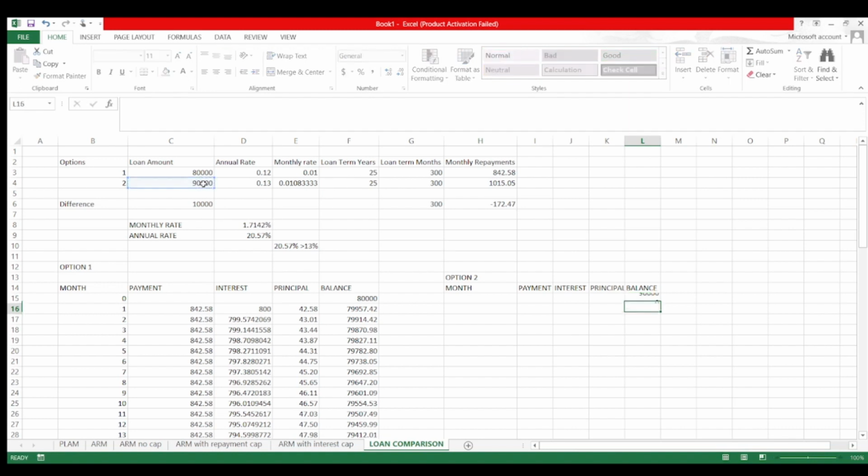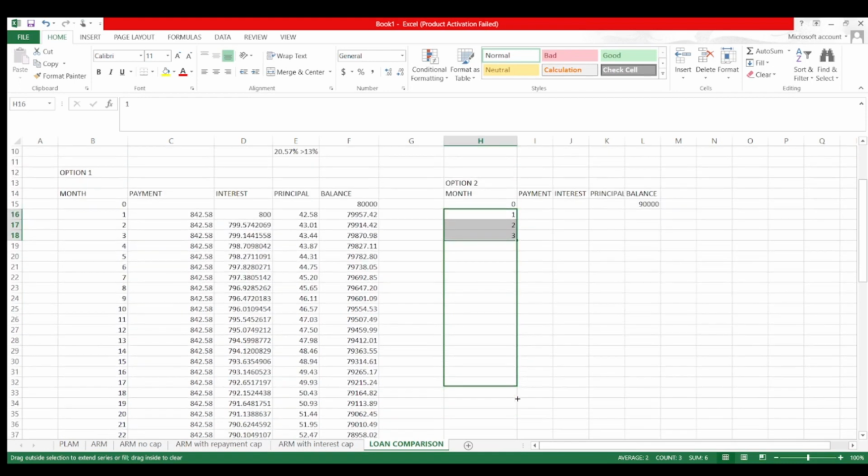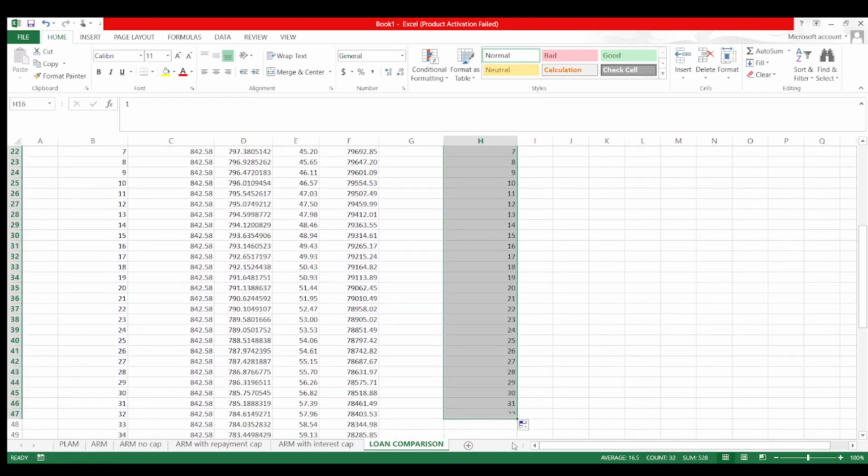That's the loan amount. Then we drag this again all the way to 60 for it to be 5 years.